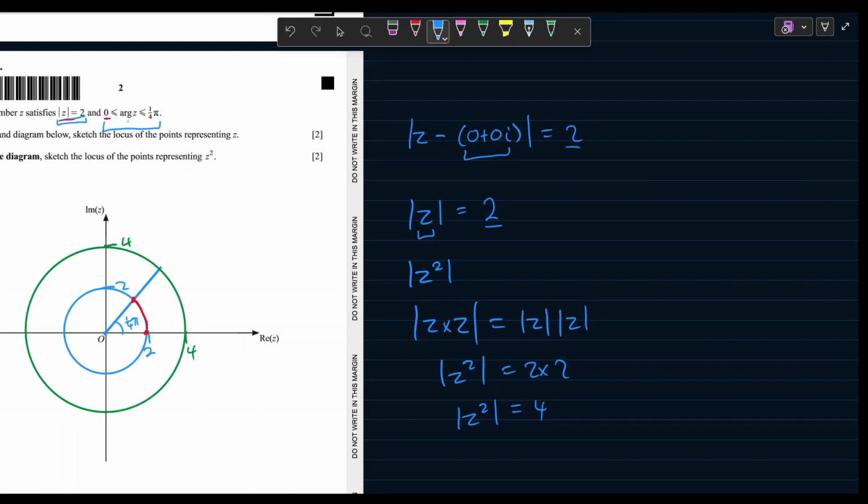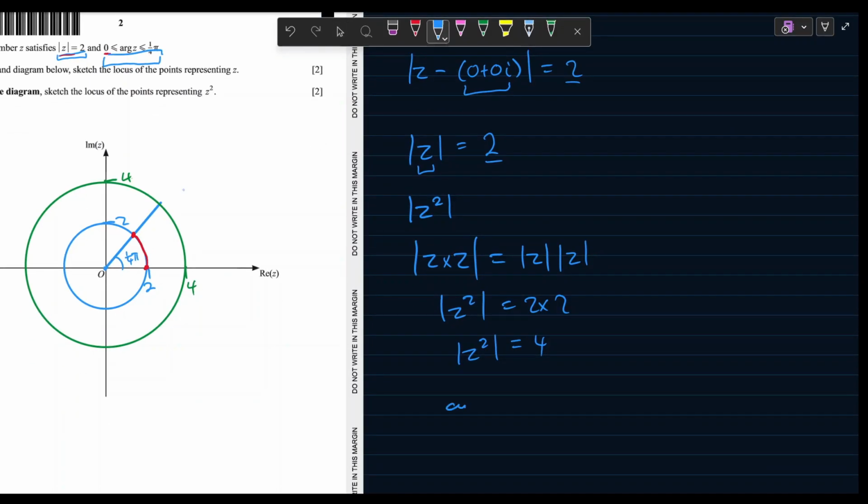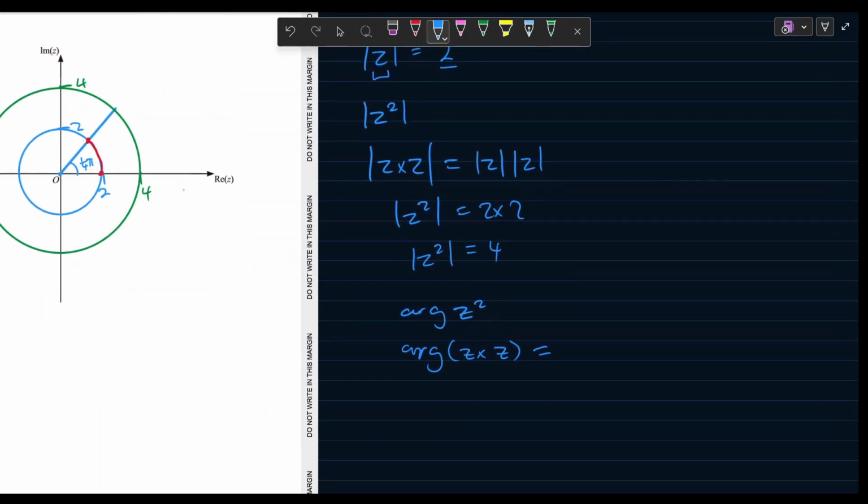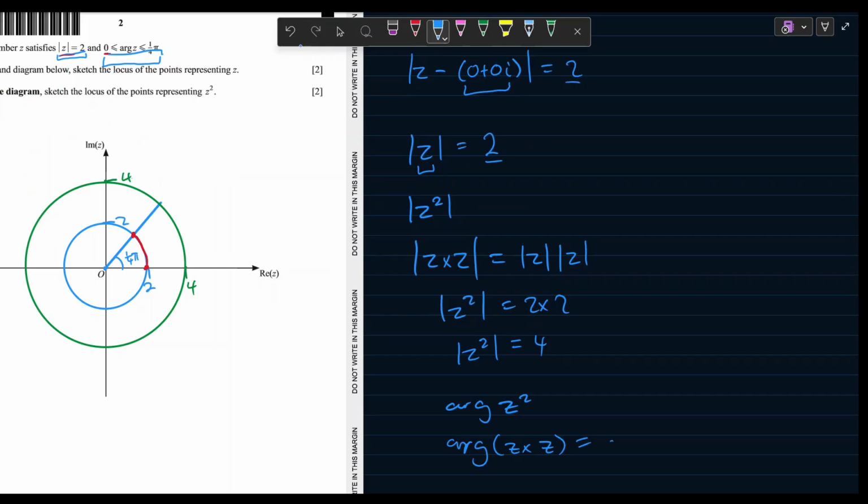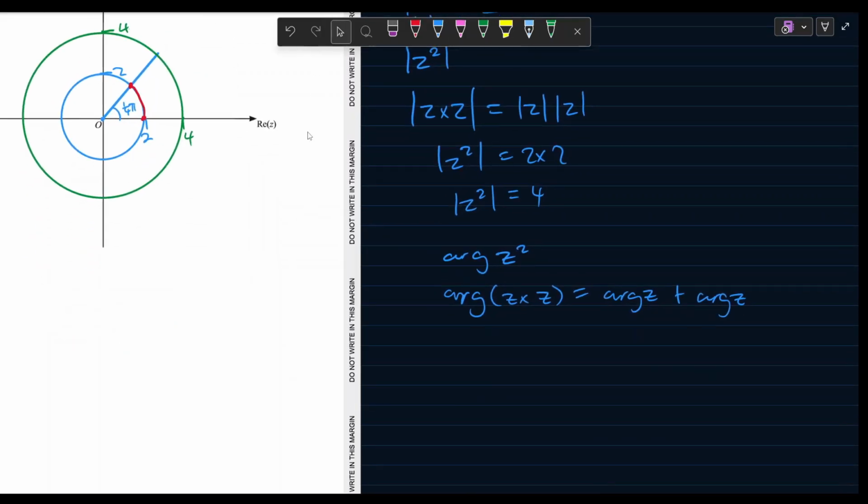And now for the argument, we're going to say for the argument of z squared, this is essentially the same as arg z times z. And we know that our arguments behave similarly to logarithms. So I can write this as arg z plus arg z. So in other words, arg z squared is equal to 2 arg z.